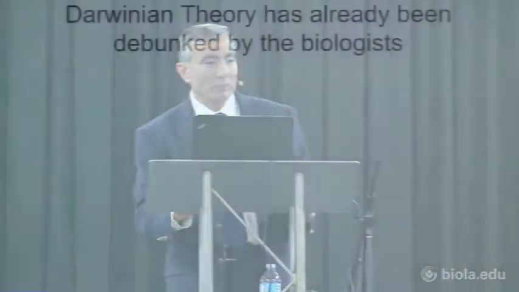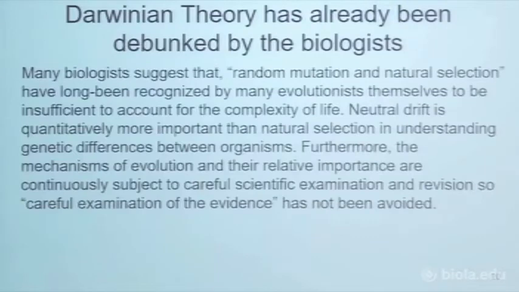So, Darwinian theory has already been debunked by the biologists. So how's that? Well, many biologists suggest that random mutation and natural selection have long been recognized by many evolutionists themselves to be insufficient to account for the complexity of life. Neutral drift is quantitatively more important than natural selection in understanding genetic differences between organisms. Furthermore, the mechanisms of evolution and their relative importance are continuously subject to careful scientific examination and revision.